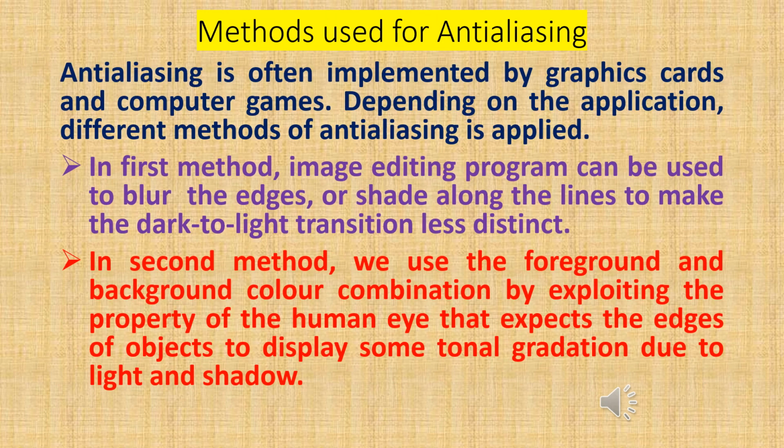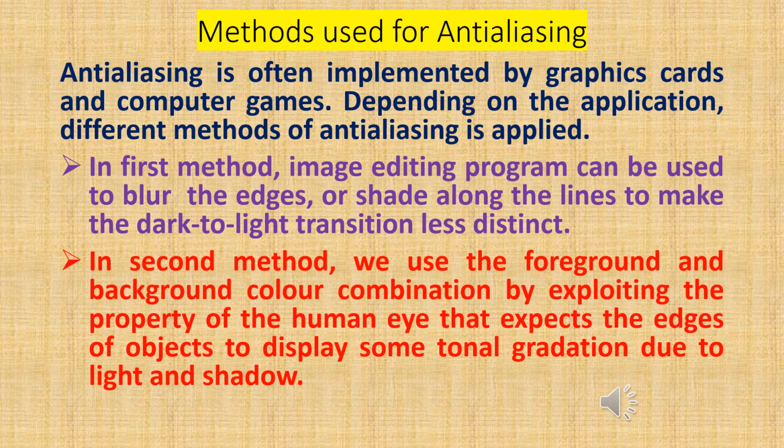Anti-aliasing is often implemented by graphics cards and computer games. Depending on the application, different methods of anti-aliasing are applied. In the first method, an image editing program can be used to blur the edges or shade along the lines to make the dark to light transition less distinct.